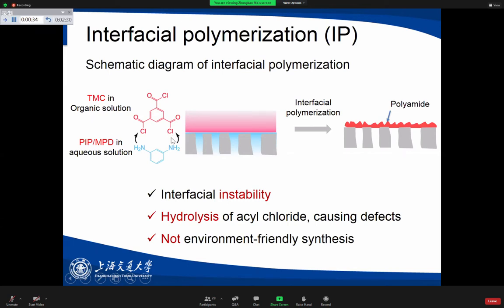The IP reaction is uncontrollable, so generally a thick or rough PA layer is formed. And due to the excess of water, the acyl chloride is easy to hydrolyze. This side reaction will lead to membrane defects. Another problem is that the membrane fabricating process is not green.